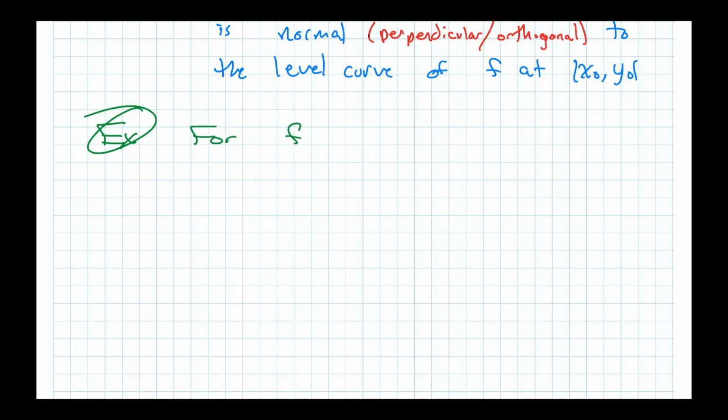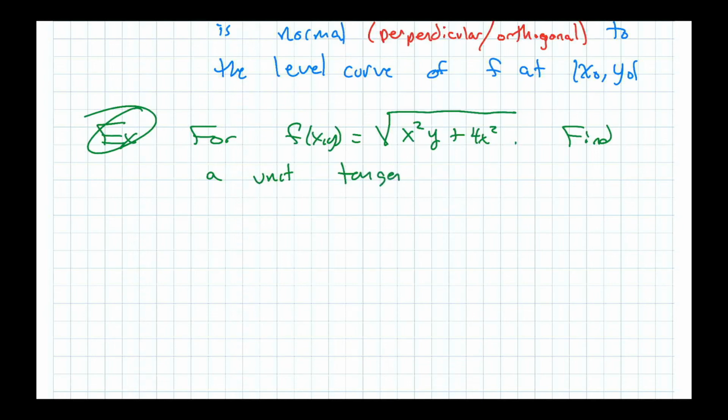f of x, y equals the square root of x squared y plus 4x squared. They say find a unit tangent vector to the level curve at the point negative 1, 1.